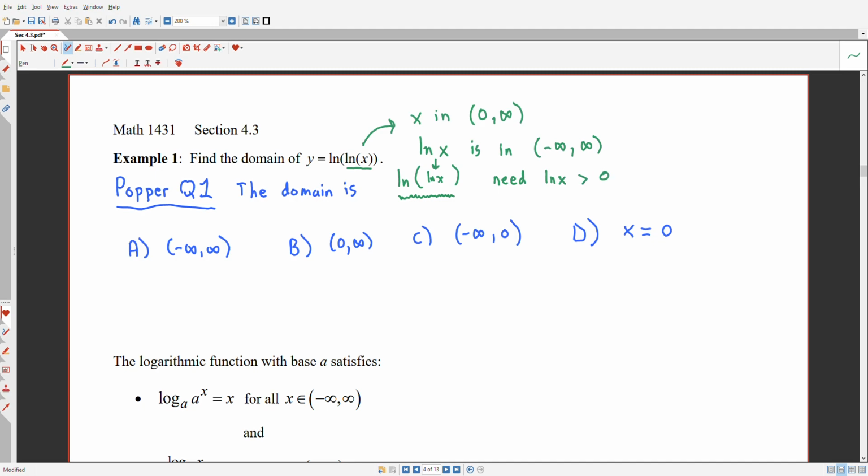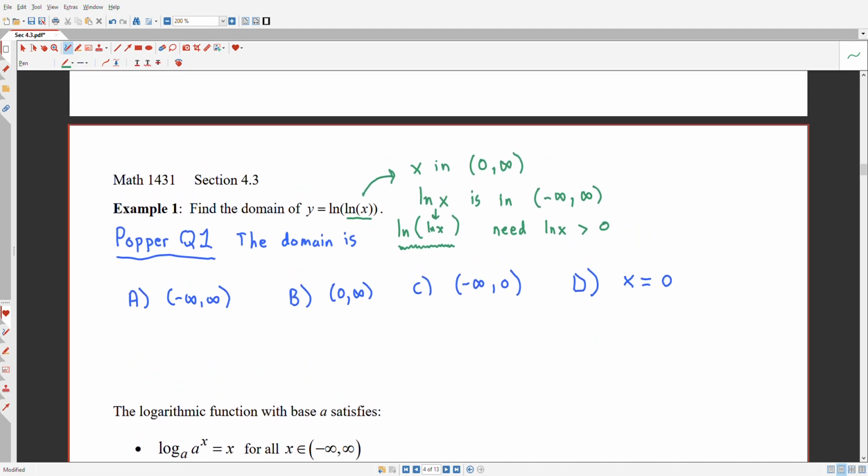And how on earth are we going to figure this out? Where is the natural log of x positive? Well, we can think about it visually. Right, the natural log of x is going to look something like this. And we think, okay, where is the natural log of x equal to 0? And we sort of reviewed that point. That's at the point 1, 0.